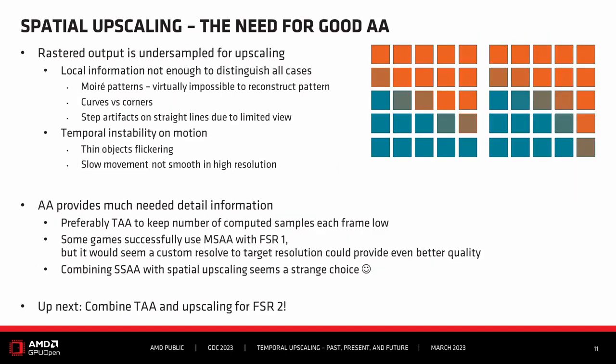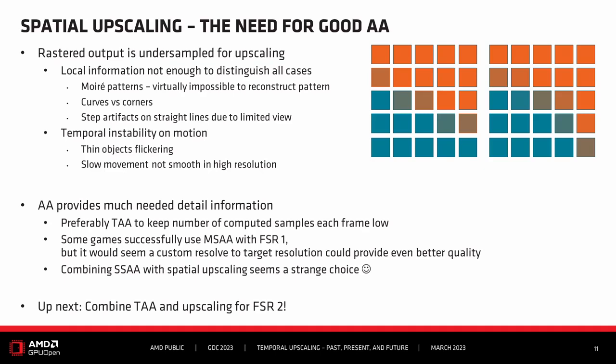I already mentioned the problems we have from receiving aliased input information, so it's not always easy to detect if there's a straight line or a curve, or if we have a curve versus a hard corner. And also we sometimes will introduce step artifacts if a line is not detected as having the same steepness for all pixels on that edge.